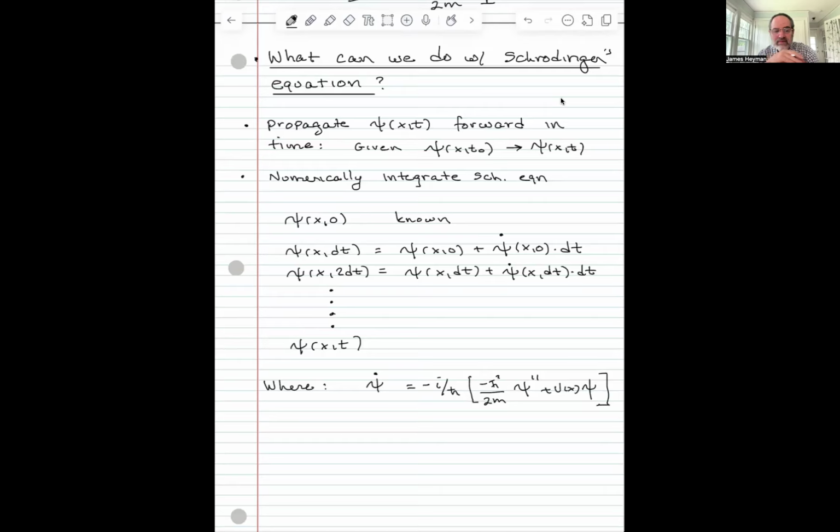Okay? So that's all we need to do, and we can propagate the wave function in time. If we know the wave function at one moment in time, then we can find it in the future. All right?